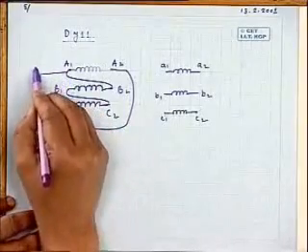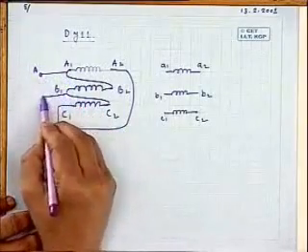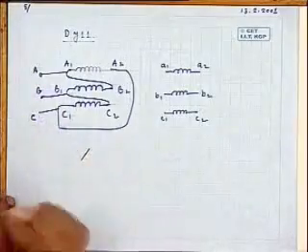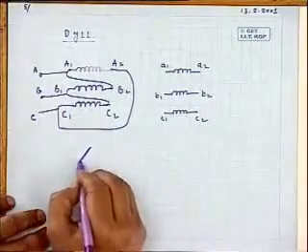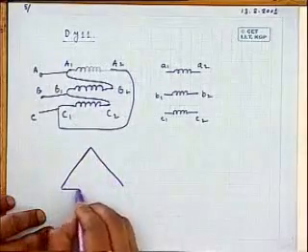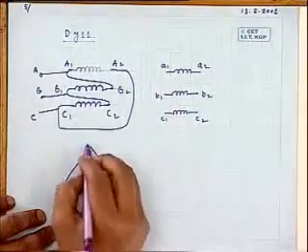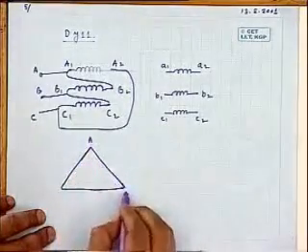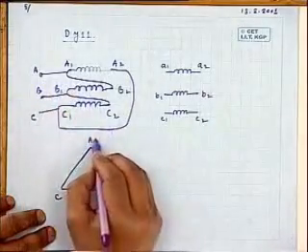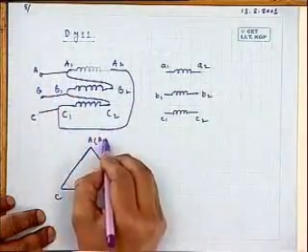Then your primary voltage, and here you give supply A to the junctions, to B you give, to C you give. Now then your input voltage, suppose this is A supply, then supply B is here, supply C.